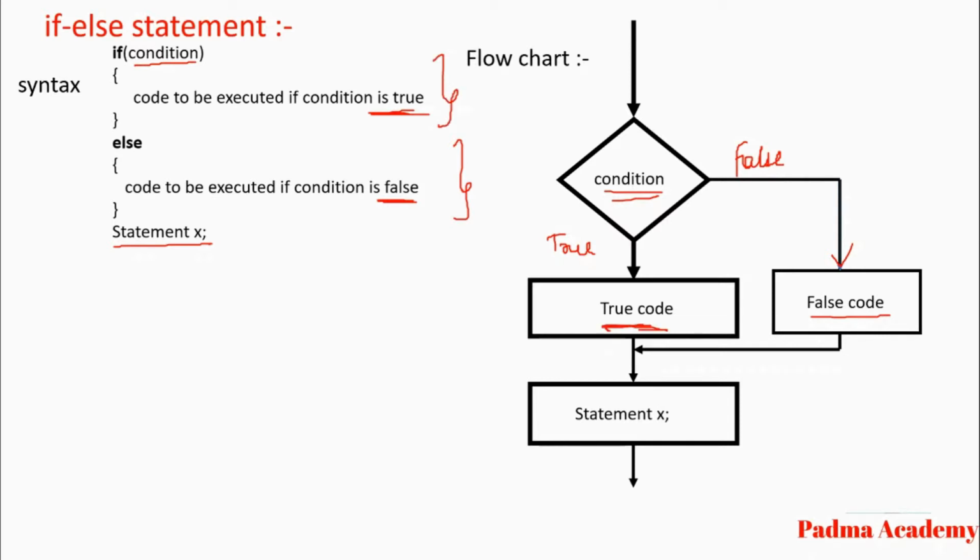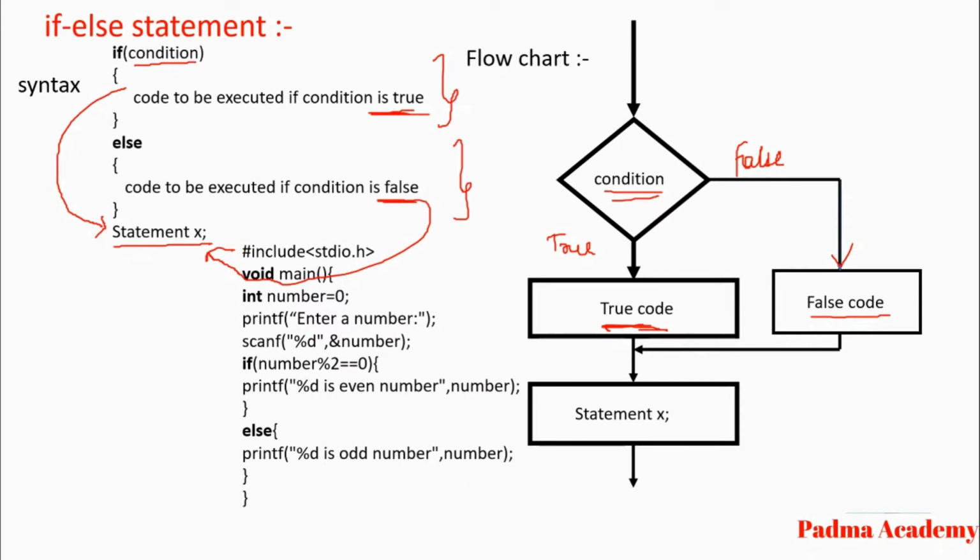After execution of the if block, it will directly execute statement X. Else, if the condition is not true, it will execute the else block, and then execute statement X.